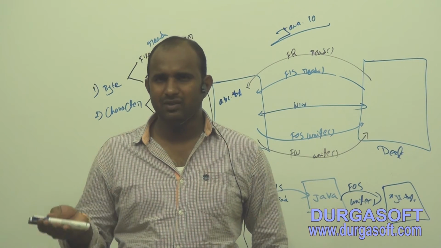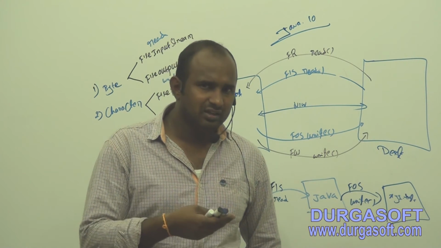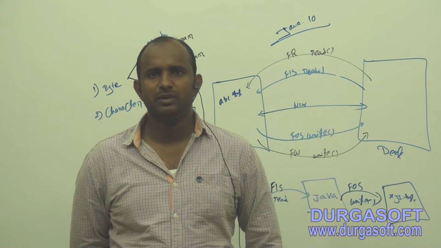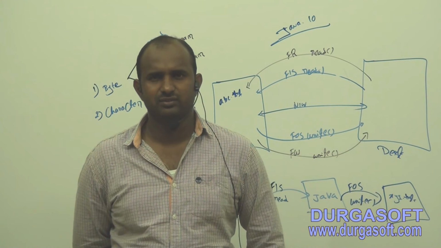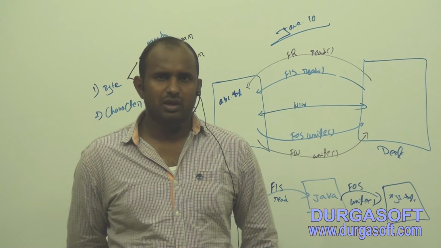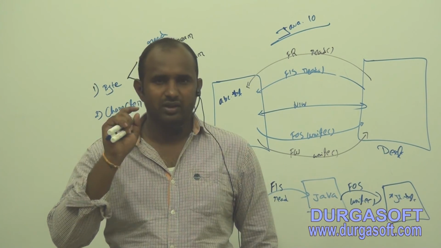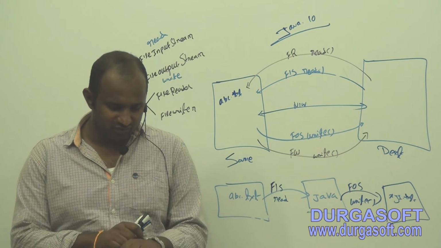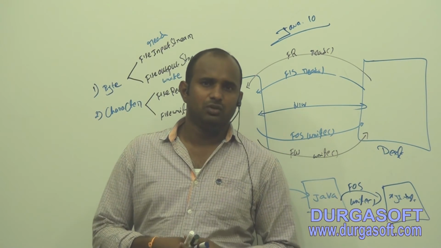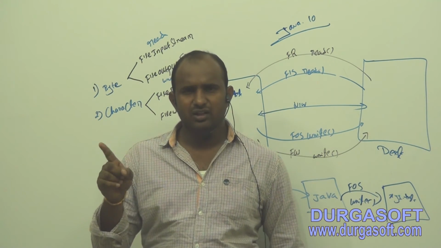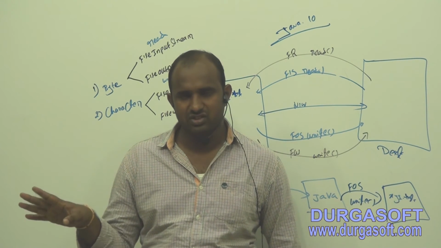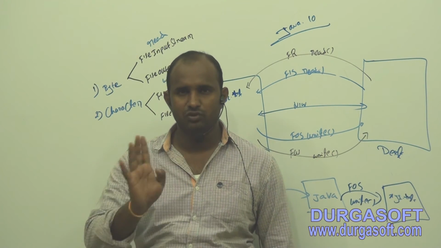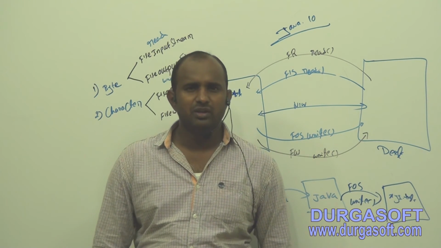So to improve the performance, instead of the character-oriented channel, please use line-oriented streams. For line-oriented streams, we use BufferedReader, BufferedWriter, BufferedInputStream and BufferedOutputStream. Instead of reading the data character by character, read the data in line by line format. Then obviously performance will be improved. That is problem number 1, and we get the solution by using buffer readers.